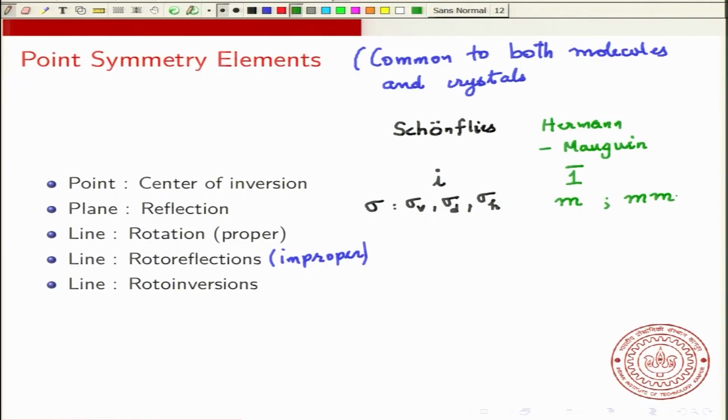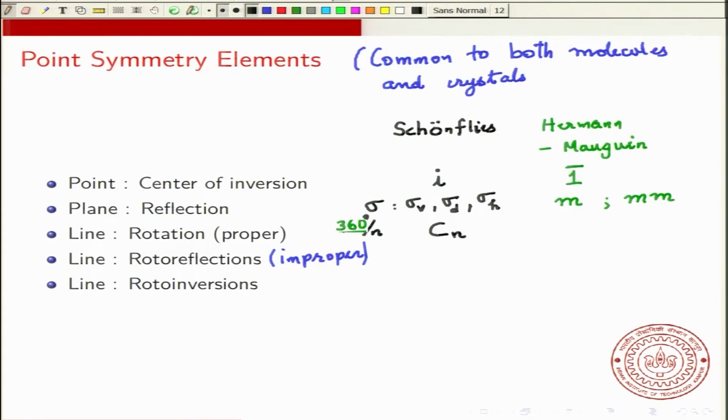Now coming to rotations, the proper rotations in the molecular or Schonflies notation are denoted by C with a subscript n, and remember, this refers to a rotation by 360 divided by n degrees.